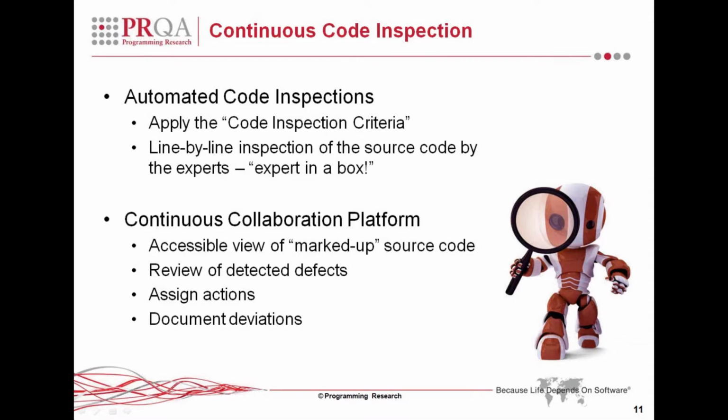So the continuous collaboration platform should also be able to document these types of deviations that are agreed upon by the development team and be able to keep track and trace those back as needed if they need to be reported upon to some other party.